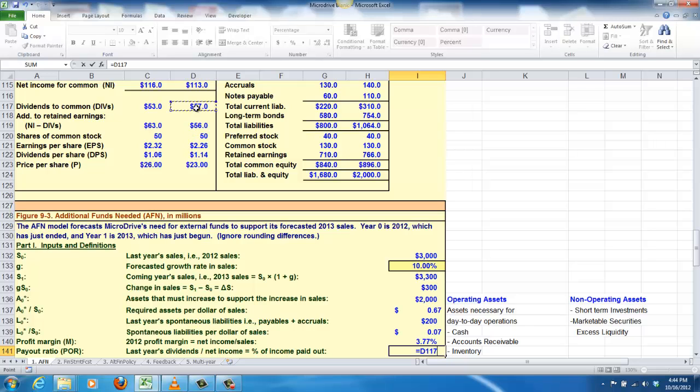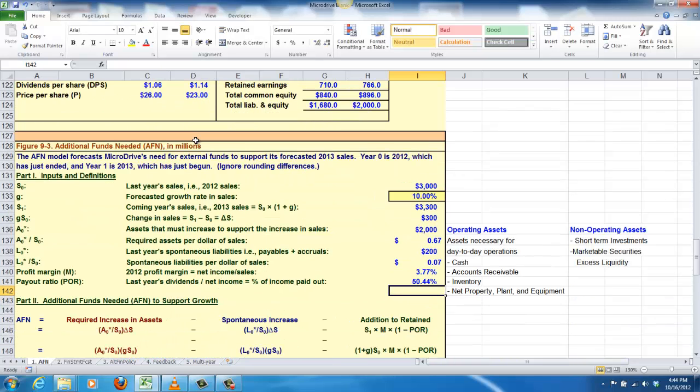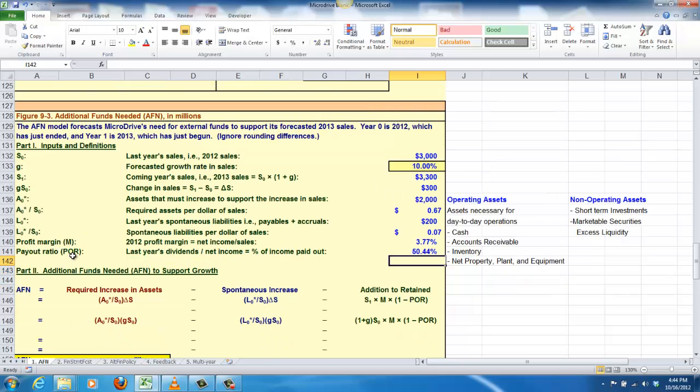So that's going to be $57 million divided by our net income for the year of $113 million, or 50.44%. So that's our payout ratio, which is dividends as a percentage of net income.